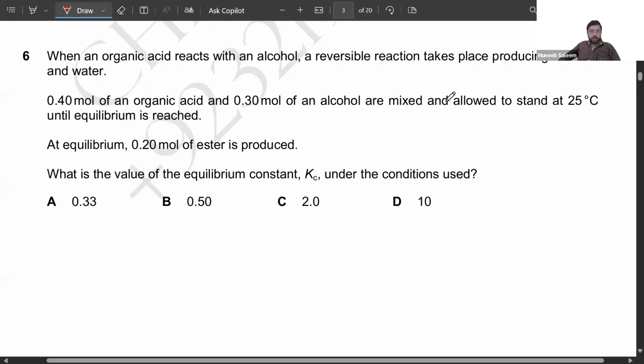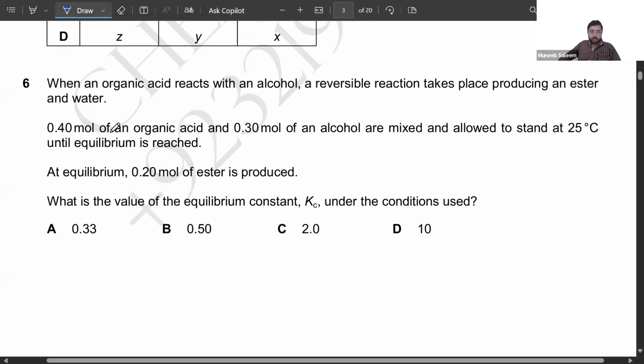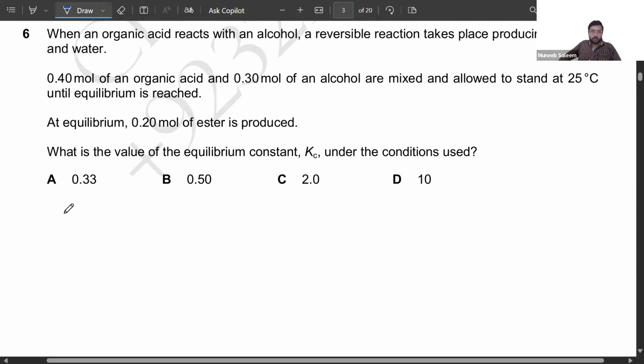Now, the next question, number 6. When an organic acid reacts with an alcohol, a reversible reaction takes place producing ester and water, and this much mole of organic acid reacts with this mole of alcohol, and the equilibrium mole of ester is given. What is the value of Kc?